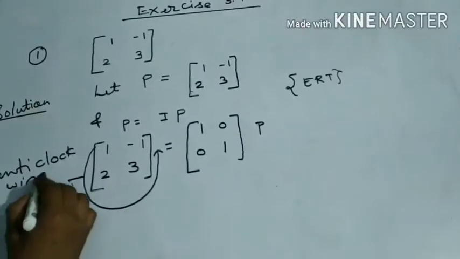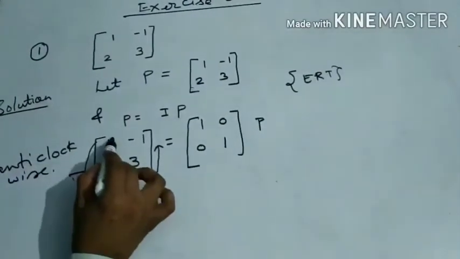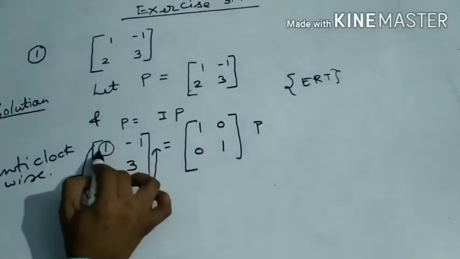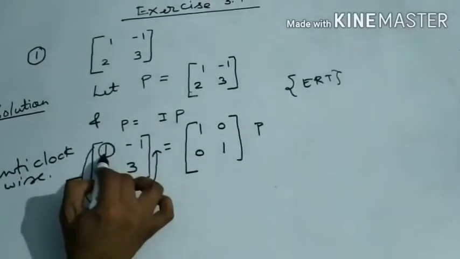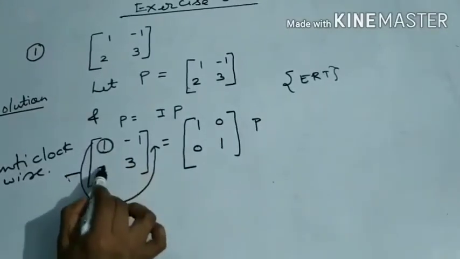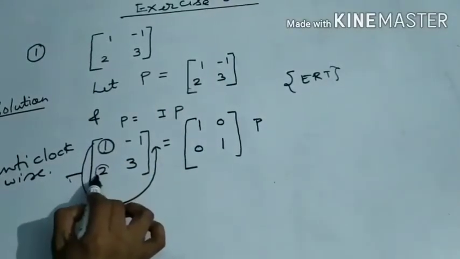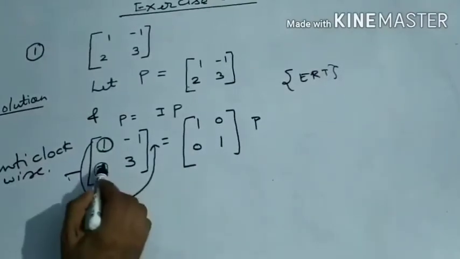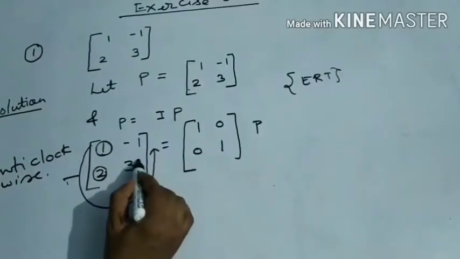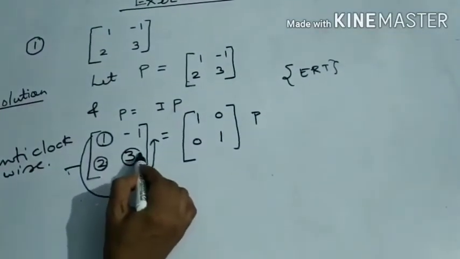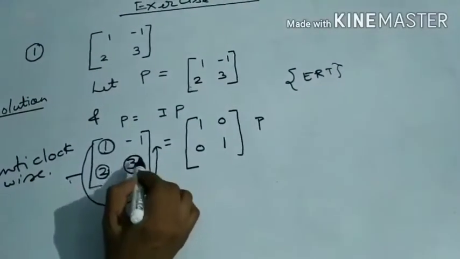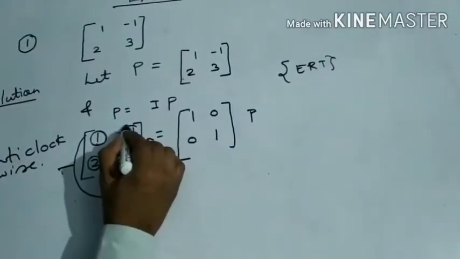Anti-clockwise means that we look at the first element, and make it 1 by applying elementary row transformation. Then we look at the second element, which in the identity matrix is 0, so by elementary row transformation we make it 0. Then we look at the third element and make it 1, and finally the last element we make 0 by using elementary row transformation.